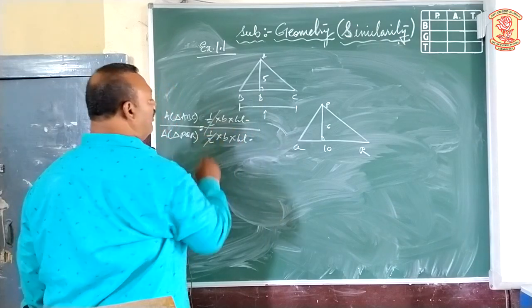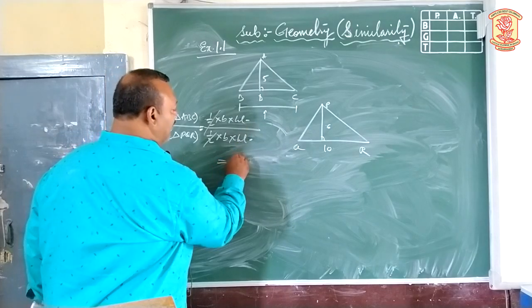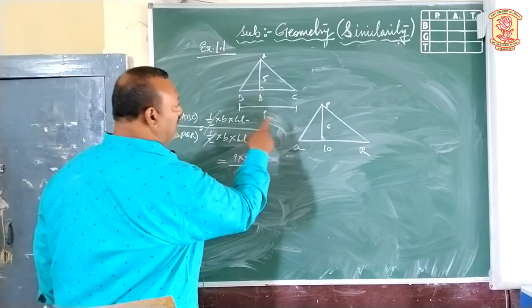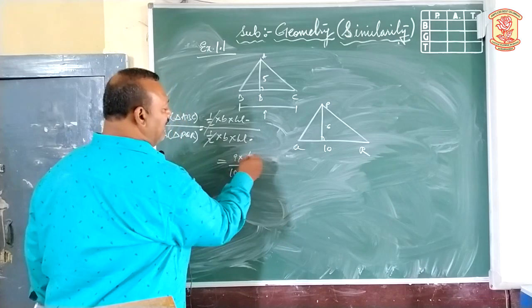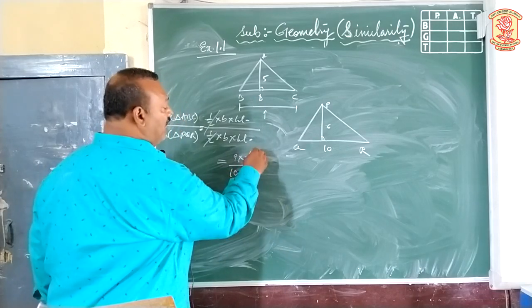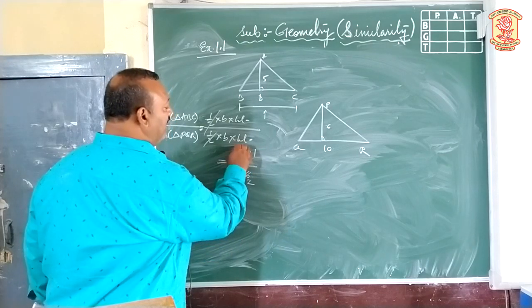What is common in both? Half gets cancelled. Base into height of the first, that is 9 into 5, upon the second base into height, 10 into 6. Now we can cancel and bring it to reduced form. 5 1s are 5, 2s are 2, 3 2s are 6, 3s are 9.